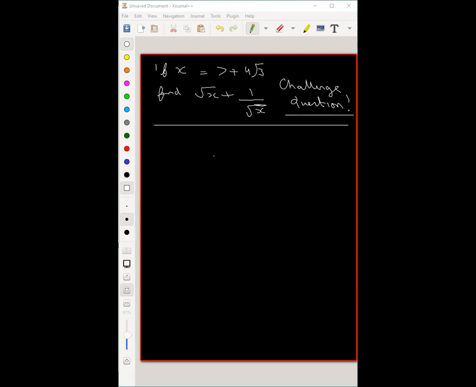I'll give you a hint. We did something in real numbers. In the chapter of real numbers, the first chapter that we did, rational and irrational numbers, we did something there. Paki, no, that's incorrect. We did something called rationalizing the denominator.